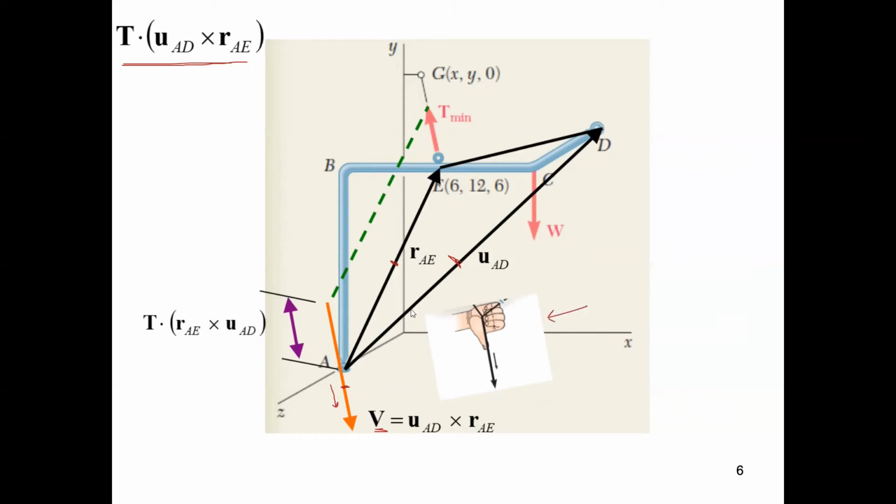Curl your fingers from the unit vector AD to the position vector AE. Your thumb points along the new vector V. The projection of vector T onto the new vector V is the dot product of vector T and V. Notice that the new vector V is in the opposite direction to vector T.